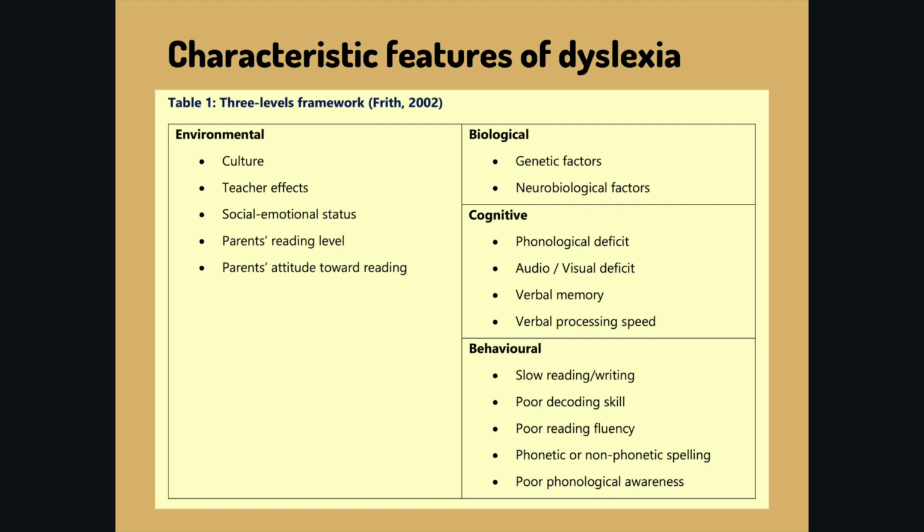Also, it's really important not to dismiss the environmental factors, which are relevant to all 3 of these. Now, each of the levels is interrelated with the others, and it's also really important to keep in mind that there's no clear distinction between causes and symptoms.